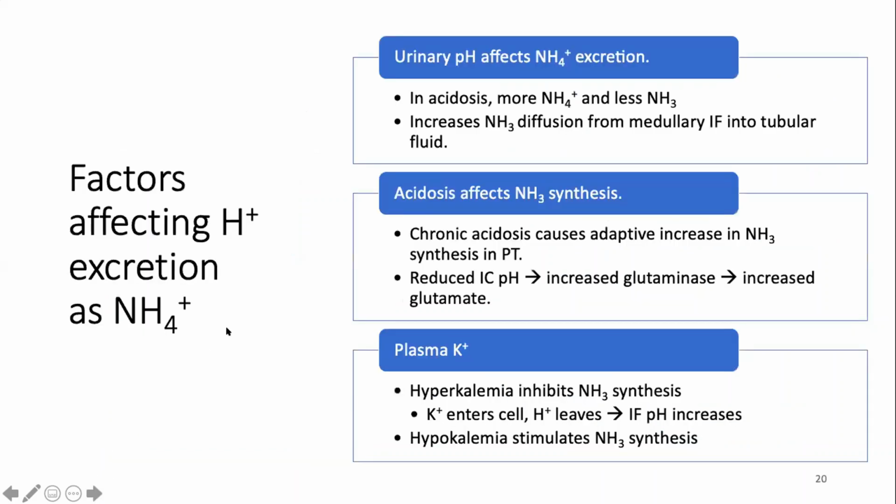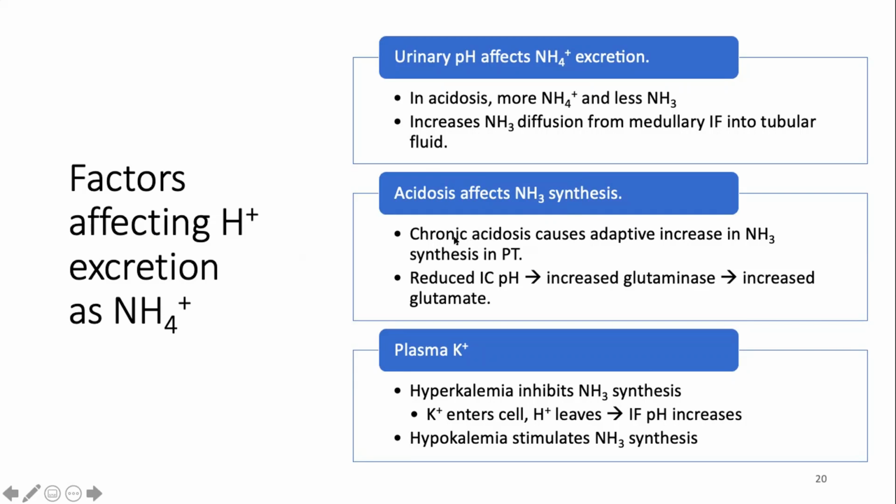Right. So what factors affect the H+ excretion as ammonium? First, it is the urinary pH. Of course, in acidosis you will have more of the ammonium and less of the ammonia, because all this H+ will be accepted by this weak base to form ammonium. Also, acidosis itself can affect ammonia synthesis.